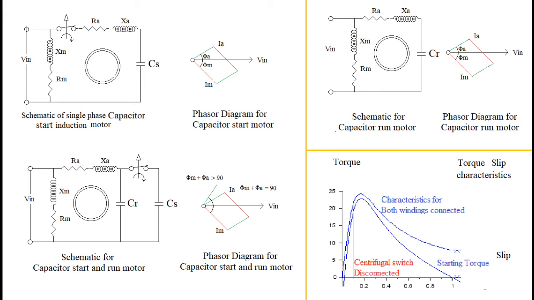Note that the angle between Ia and Im is larger than 90 degrees in the starting period when both capacitors are in the circuit. As the motor catches speed, one capacitor is disconnected and the angle returns to 90 degrees.